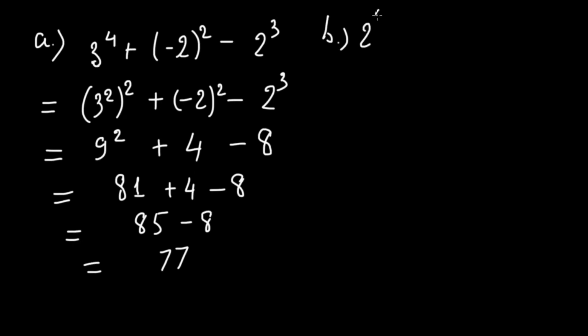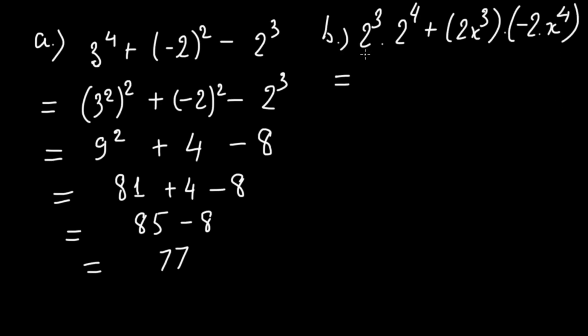2 raised to the 3rd times 2 to the 4th plus 2x to the 3rd times negative 2 times x to the 4th. Because we have the same base here, 2, so we put 2 here, and then 3 plus 4, right? Same base, and we add exponents together.